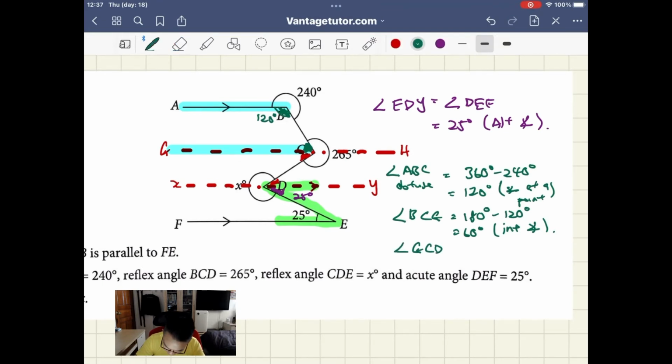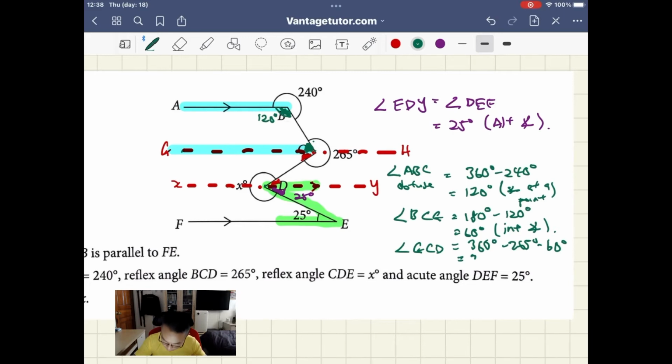Angle GCD is equal to, because you can see that this whole thing is a circle, I can just take 360 minus 265 minus the angle I just found, which is 60 degrees. 360 minus 265 minus 60 is equal to 35 degrees. Again, don't forget the reason: angle at a point.